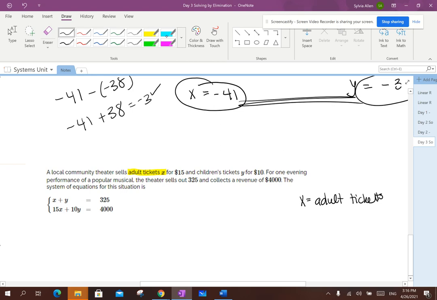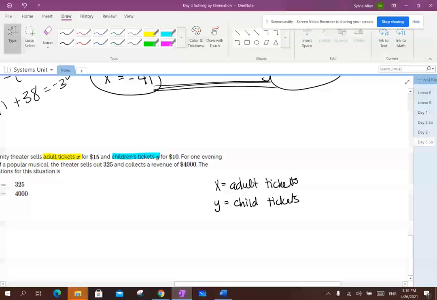And then the children's tickets, which is Y, for $10. Okay, so Y are the children tickets. So the adult tickets in terms of money is $15 and children's tickets are $10.